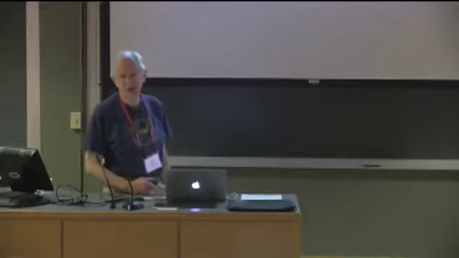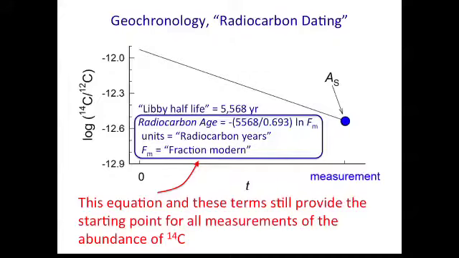So you can essentially assume in that way that the amount of carbon-14 available to the biosphere over time has been constant, and you can then calculate an age based on that assumption.